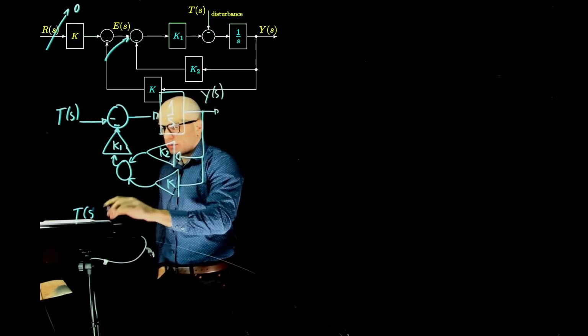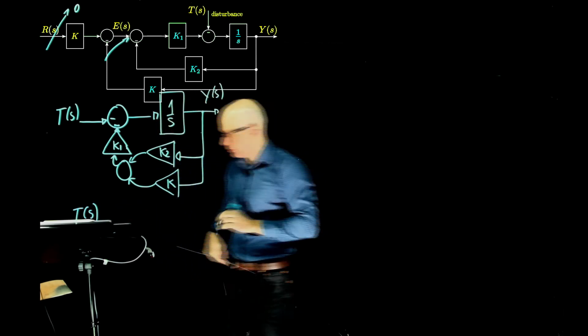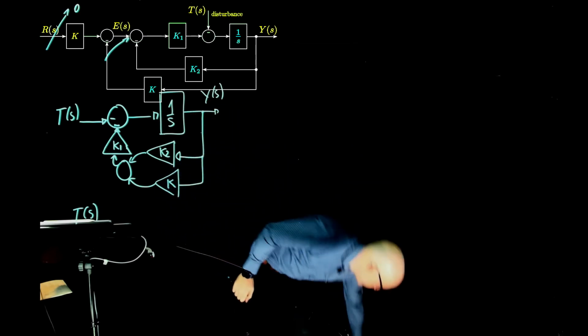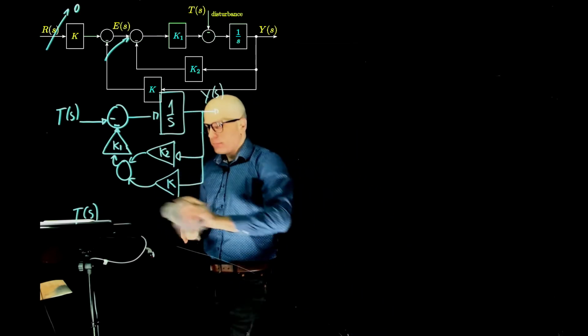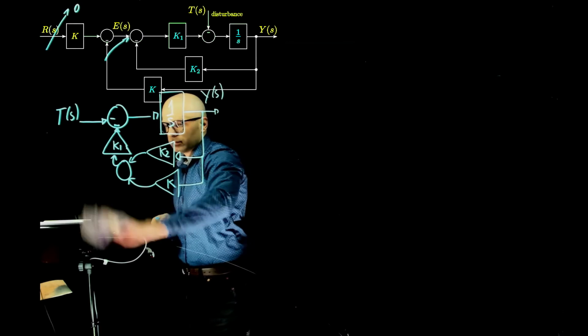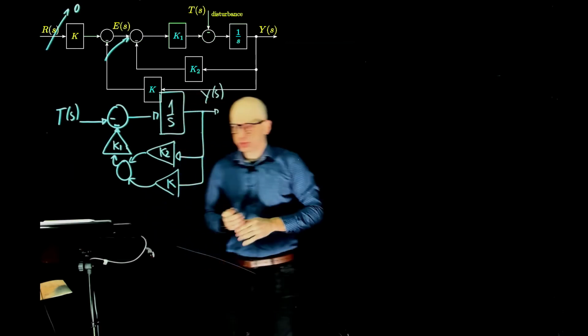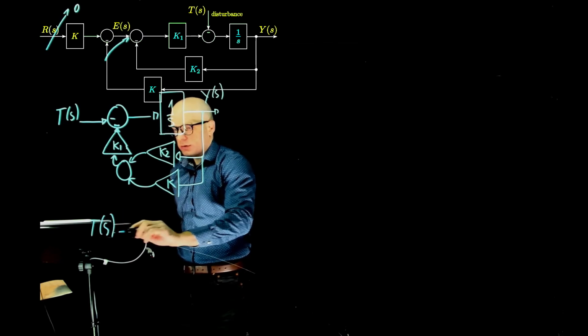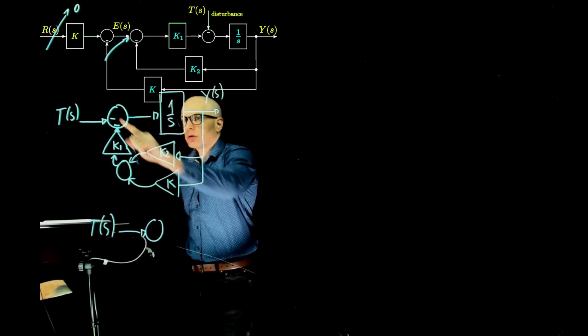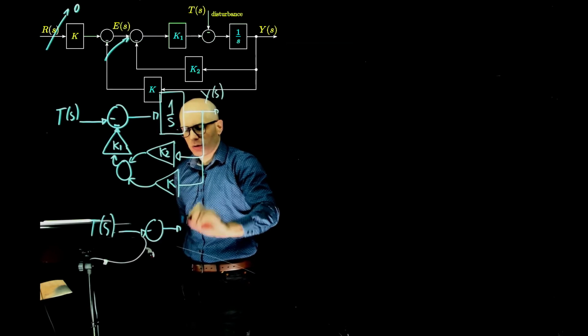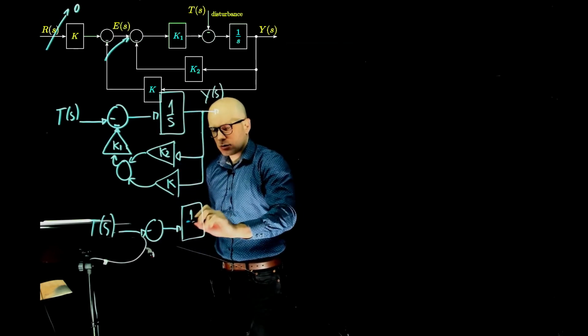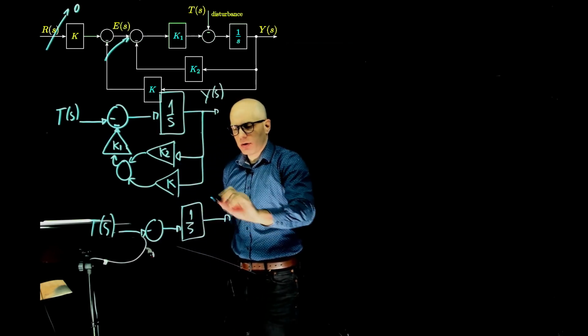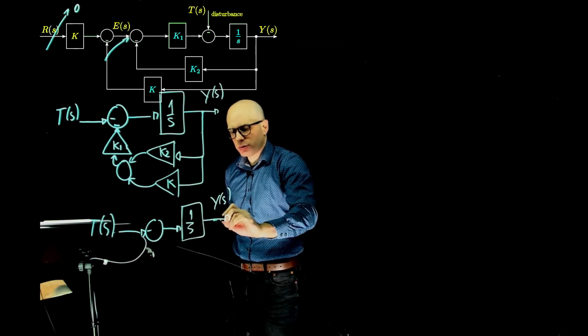Are we okay with this? Are there any questions about this equivalent block diagram? We can further simplify it actually. So T of S goes to that negative sum, then 1 over S, then Y of S. Now notice what is happening down here.